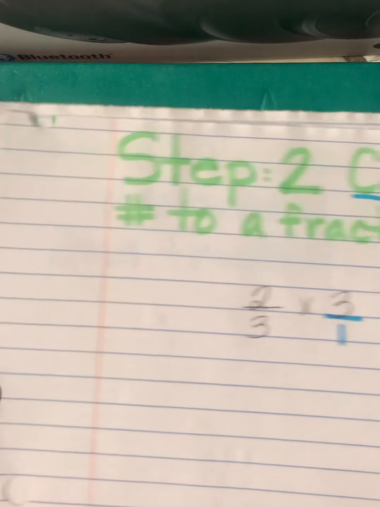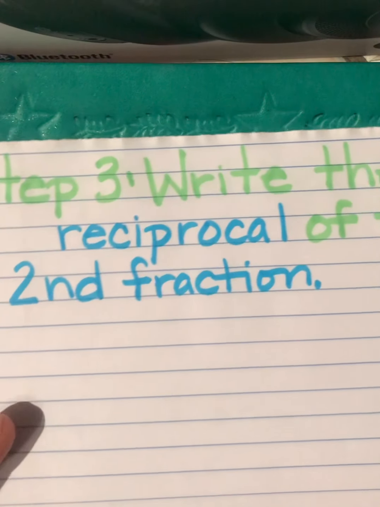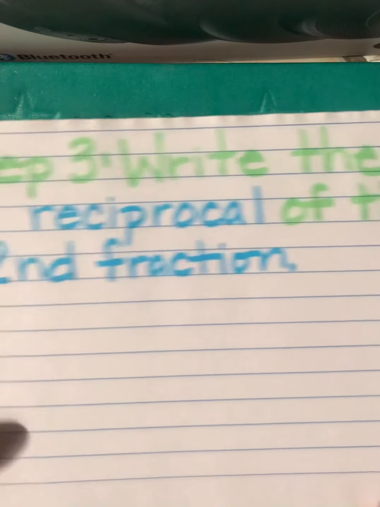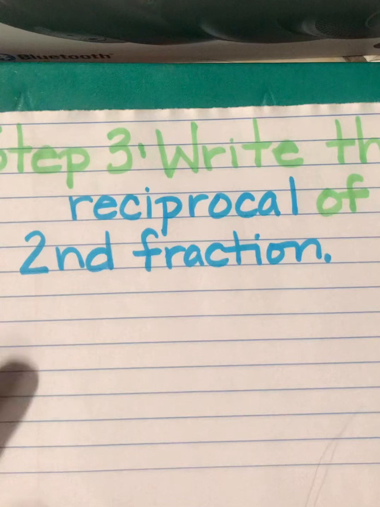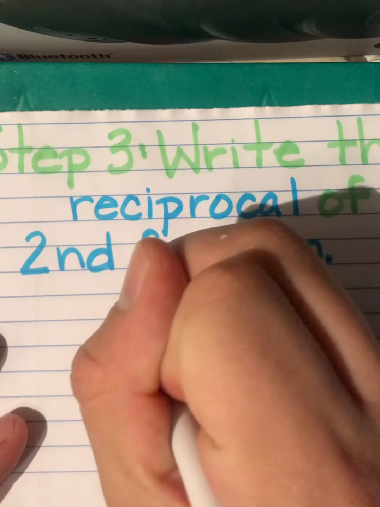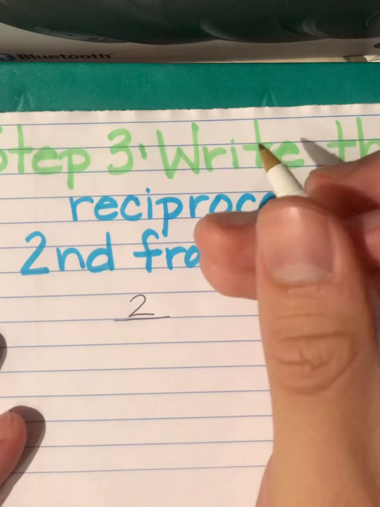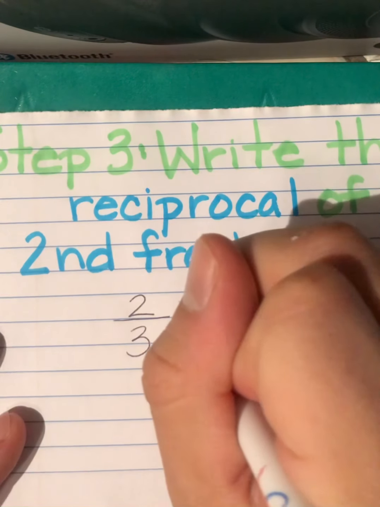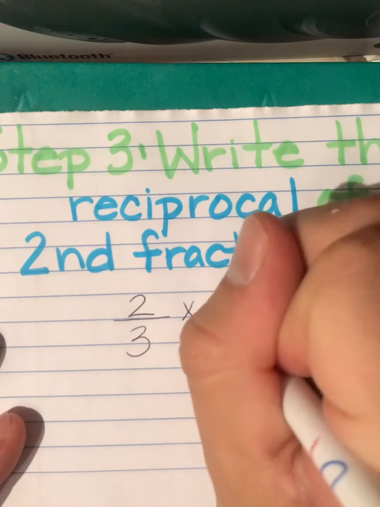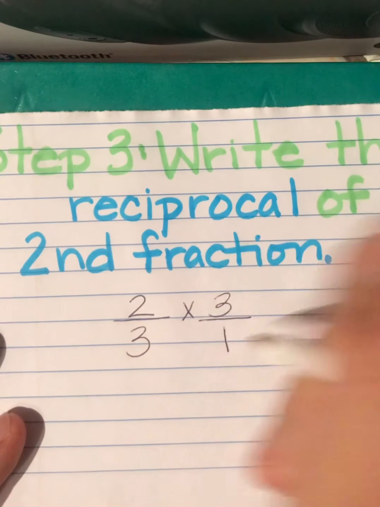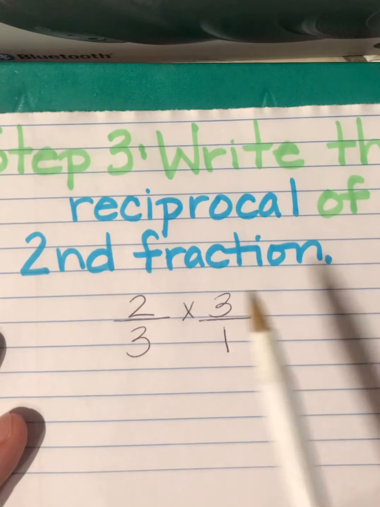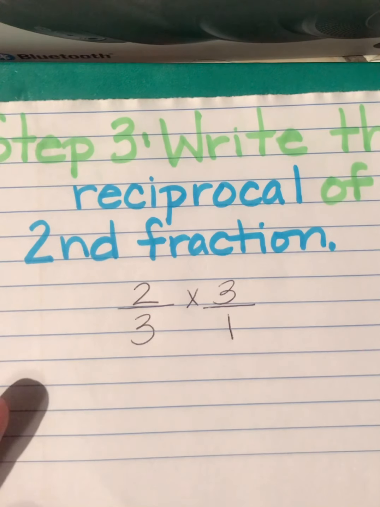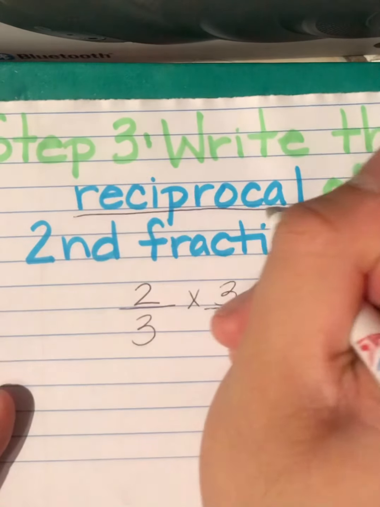Step 3. Step 3 is to write the reciprocal of the second fraction. So, when we look back at step 2, we were able to convert the whole number into a fraction by adding 1 as the denominator. Now we're being asked to find the reciprocal.